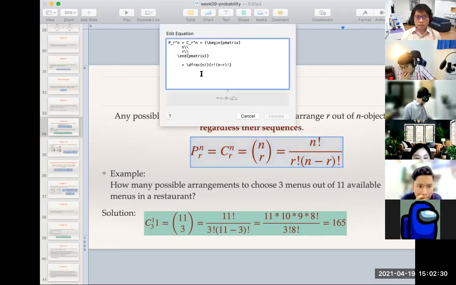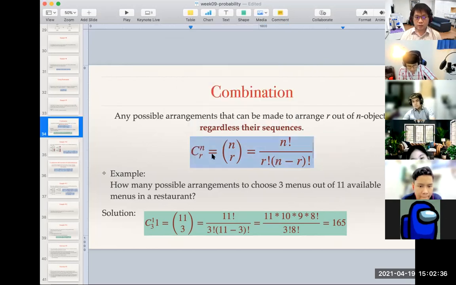So the formula here should be modified a little bit to become like this one. C r combinations out of n will become n factorial divided by r factorial multiplied by n minus r factorial.